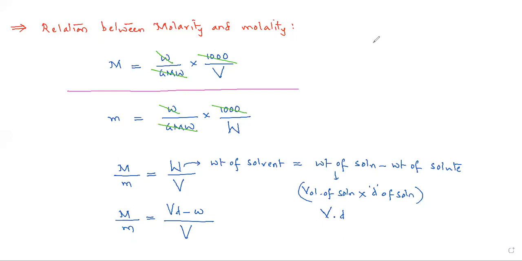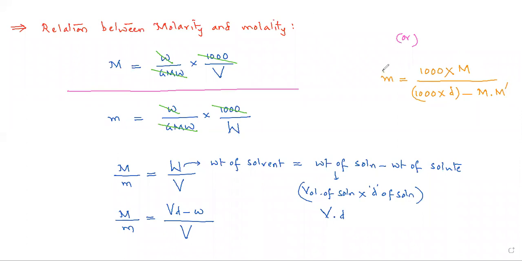Or else, there is a relation which of course is derived from the same explanation. We'll see that when we go for a problem. Now it can actually be given as: small m, I mean molality, is equal to 1000 into capital M by 1000 into density minus M into m dash.